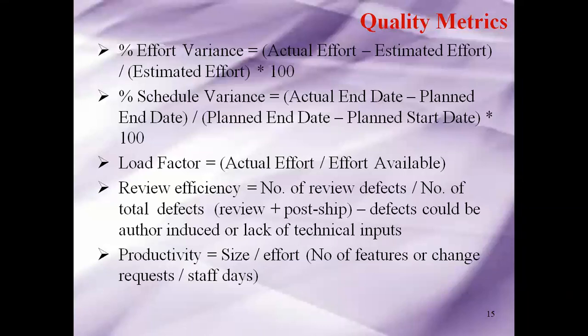Okay. The one thing I really love to give you, because we are talking about a defect calculator, is the review efficiency: the number of review defects divided by the total number of defects, review plus post ship, minus defects that could be author-induced or due to lack of technical inputs. This is a formula which I've used, and it has been very effective for finding out review efficiency, because I want to know how effective our way of reviewing is.